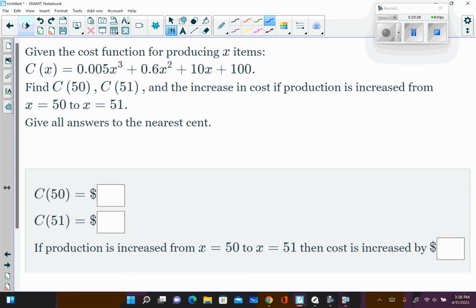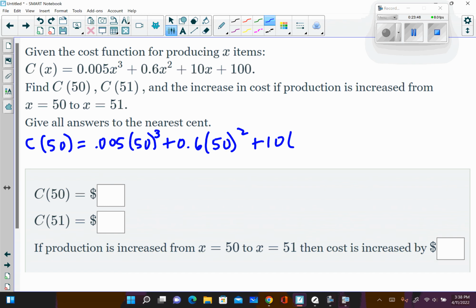This entire question is all algebra and arithmetic. C of 50 means 0.005 times 50 to the third plus 0.6 times 50 squared plus 10 times 50 plus 100.